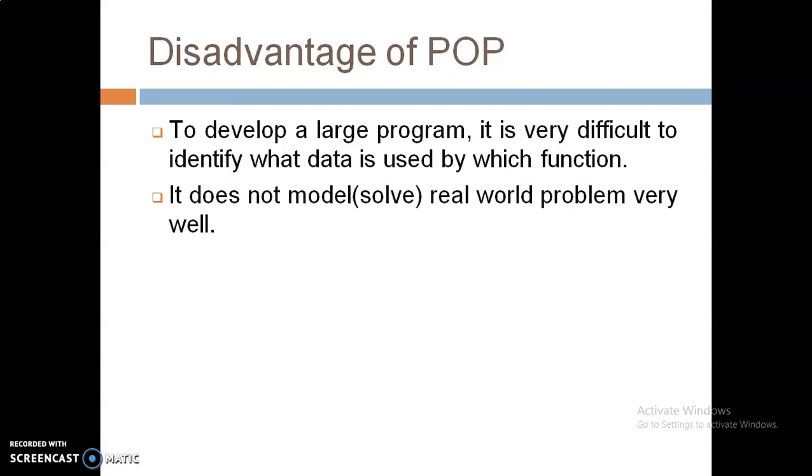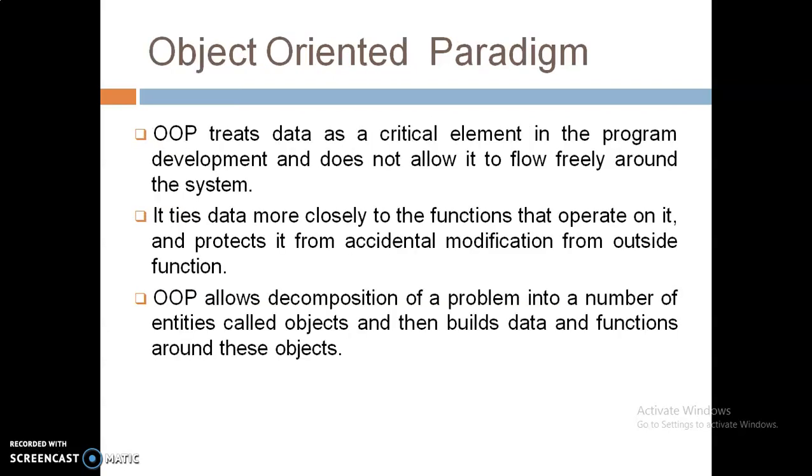Now let's move to the object oriented paradigm. OOP treats data as a critical element in program development and does not allow it to flow freely around the system. It ties the data more closely to the functions that operate on it and protects it from accidental modification from outside functions.